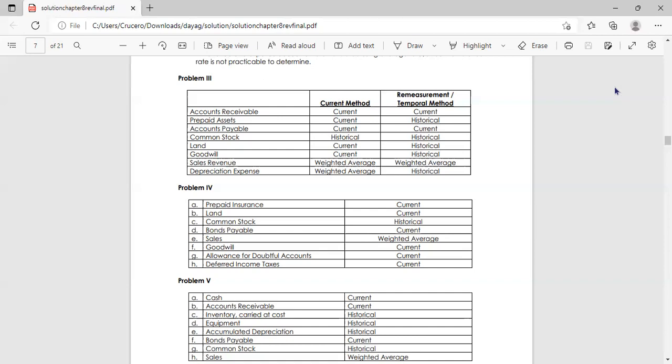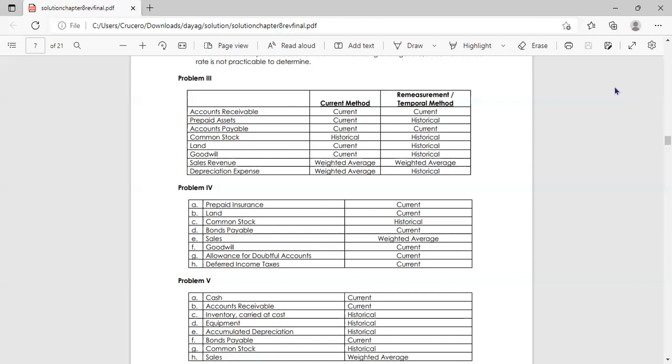Now, especially this time that we are given in number 4, method number 1. Then for bonds payable, again, bonds payable is included under your monetary liabilities. So we have to use the current or the closing rate.